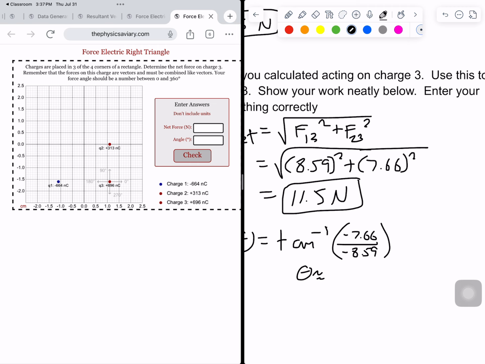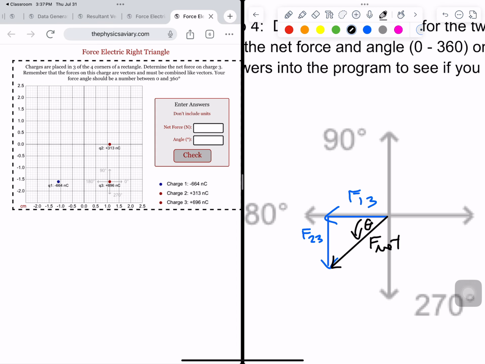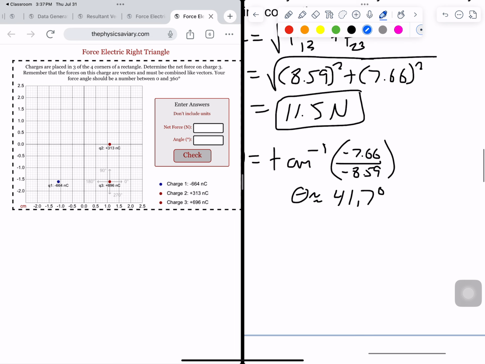Now for me, I'm getting about 41.7 degrees, okay? Now remember, this is going counterclockwise, so I am getting a positive angle. But what I want to do, guys, is I want to take my angle from 0. So I got to add this black angle to 180 to get what I want.